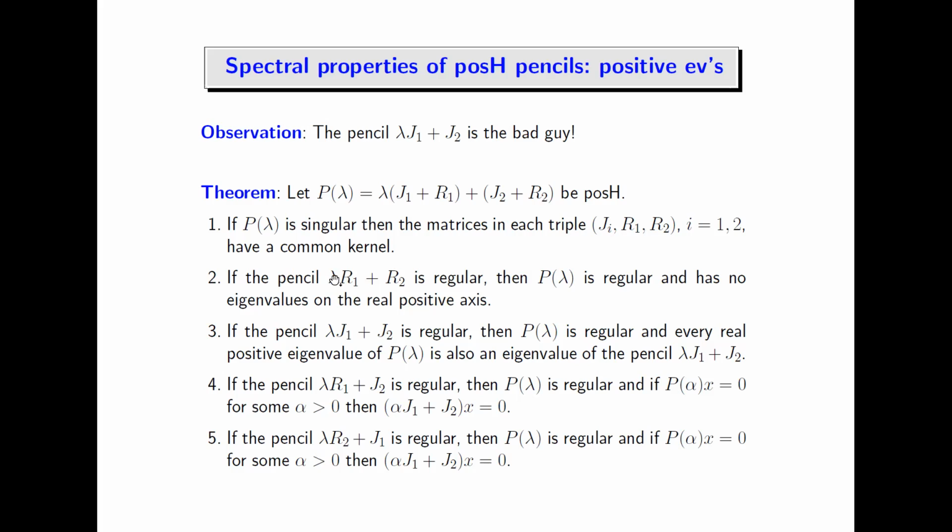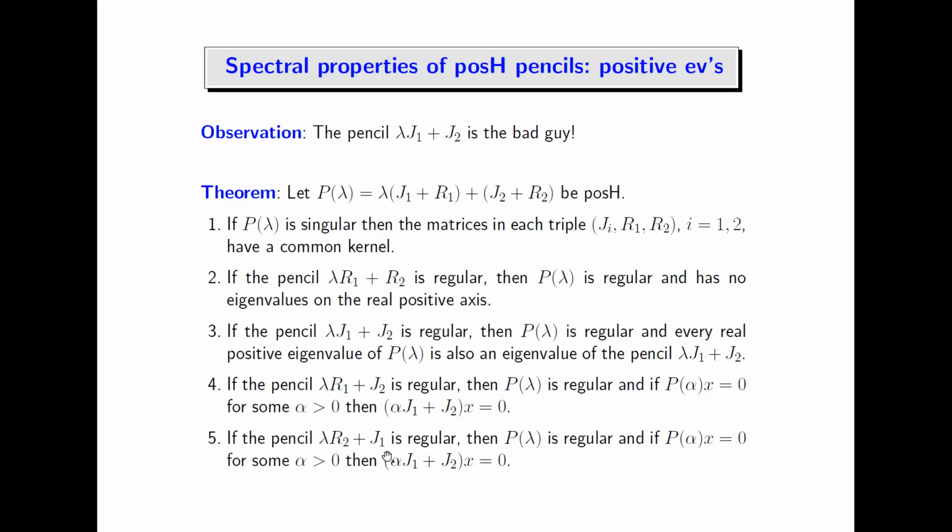And if you take 2 of these matrices and you see that they form a regular pencil, then this immediately implies that the pencil itself is regular. And interestingly, if this is regular, then we cannot have eigenvalues on the real positive axis.